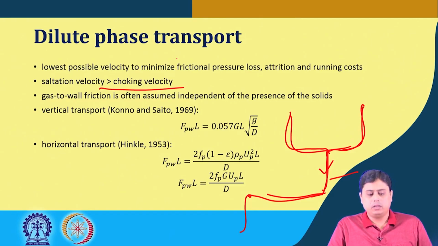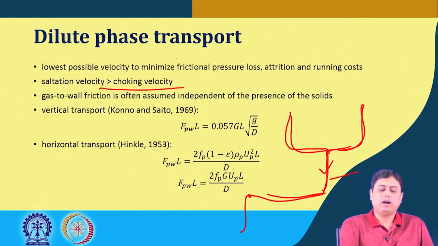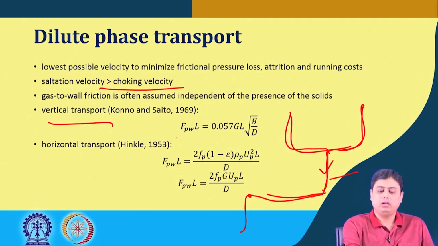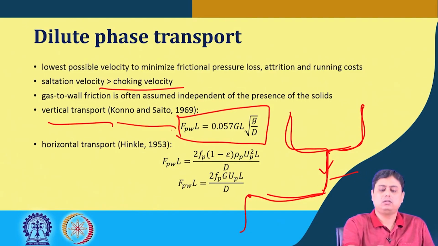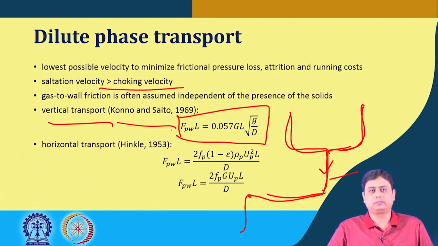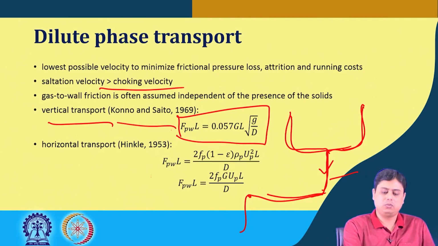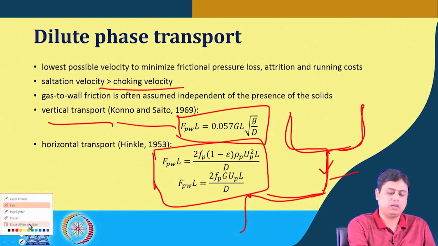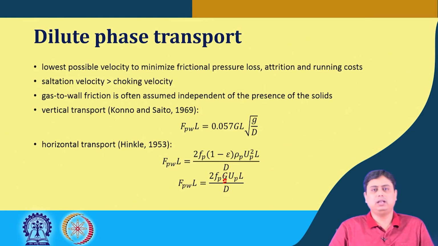Now, in case of dilute phase transport, as it is considered to be independent of the solids that are present there, in vertical transport we have these expressions from the literature, and in case of horizontal transport, we have this expression, which when expressed in terms of mass flux reduces to this expression.